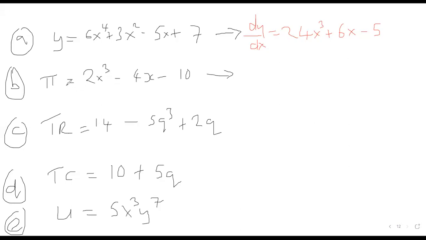Next team. This is profit. Yes. Pi is got what? Okay. D pi over dx, which is equal to 6x squared.